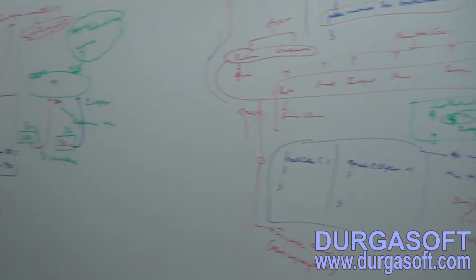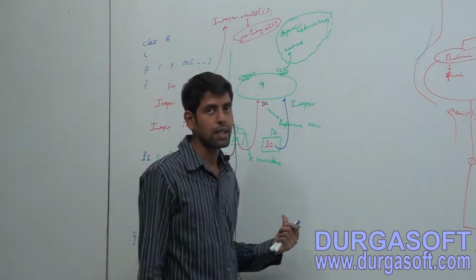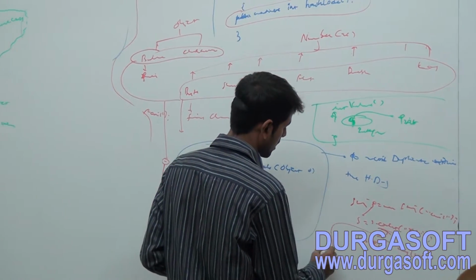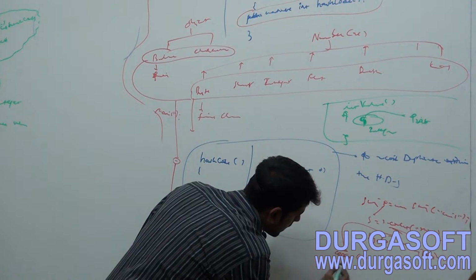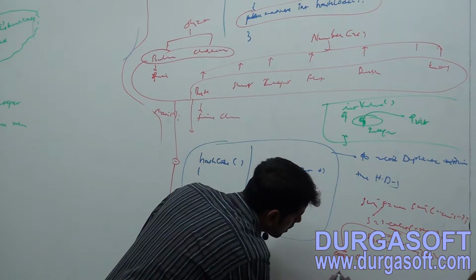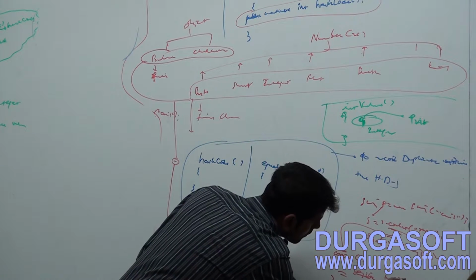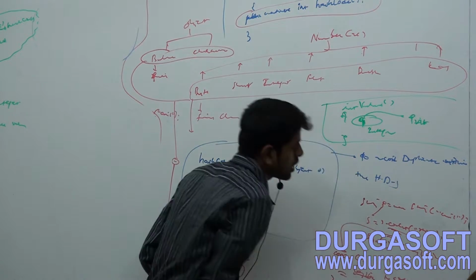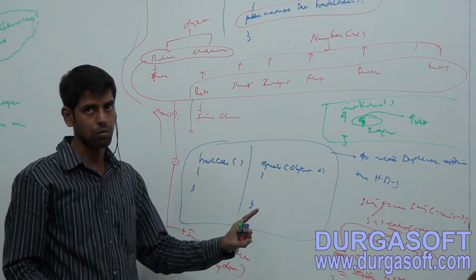In the same fashion here, only the method names are changing. This concat method has logic to create a new string object.